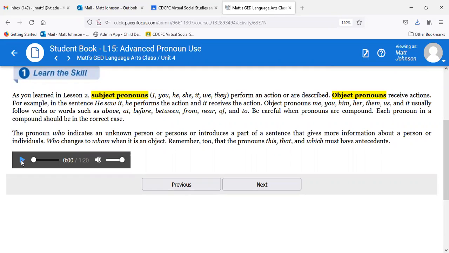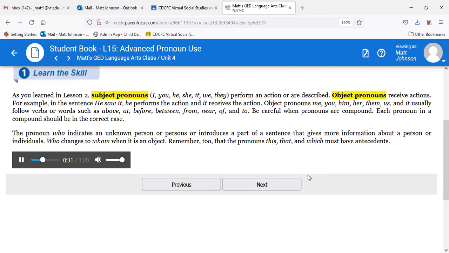As you learned in Lesson 2, subject pronouns, I, you, he, she, it, we, they, perform an action or are described. Object pronouns receive actions. For example, in the sentence, he saw it, he performs the action, and it receives the action.